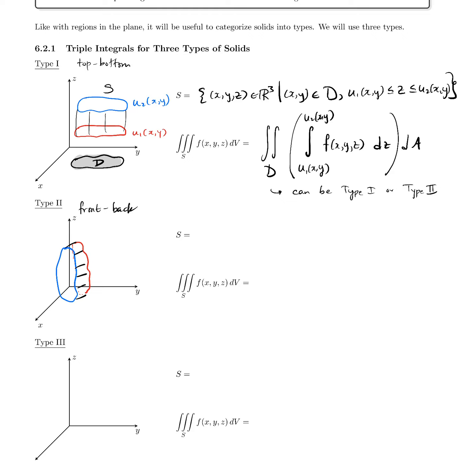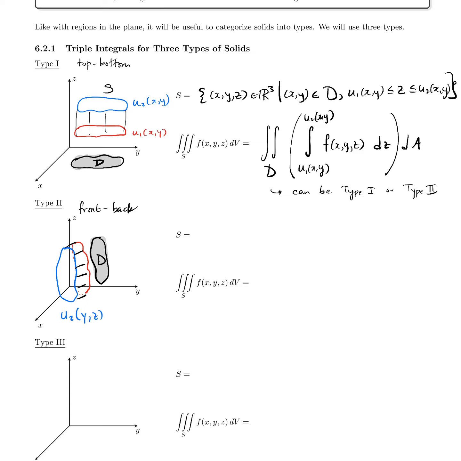And this time we're going to imagine that this solid is projected back into the YZ plane. So that region D, I'll call it D again, is the shadow or the projection of that solid down into the YZ plane, which means that our bounds are going to be functions of y and z.